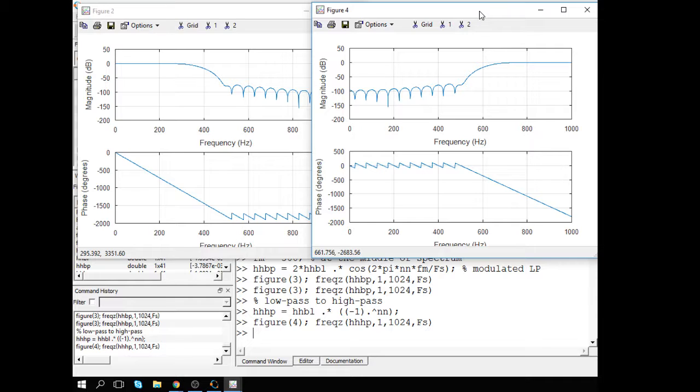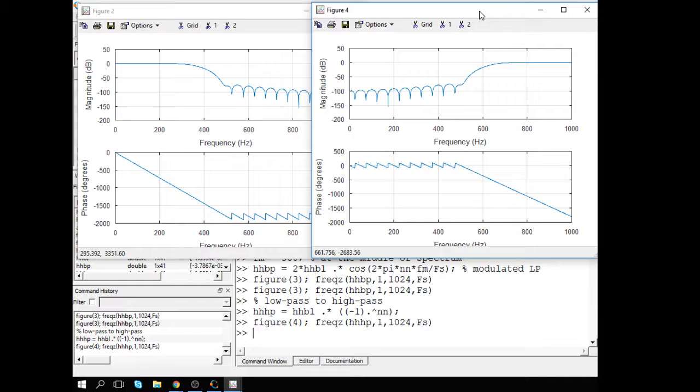Okay, another way of looking at this. This is the mirror image. How do you get the mirror image? Well, think of the Z-plane. This is exactly the same thing as if you reverse the real axis on the Z-plane.